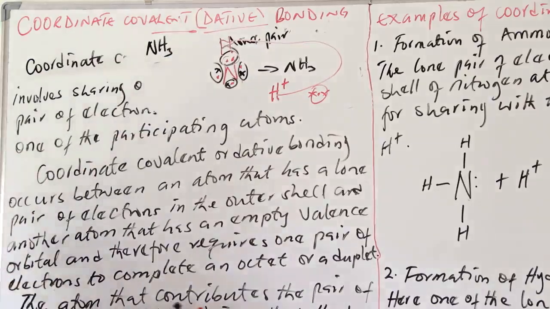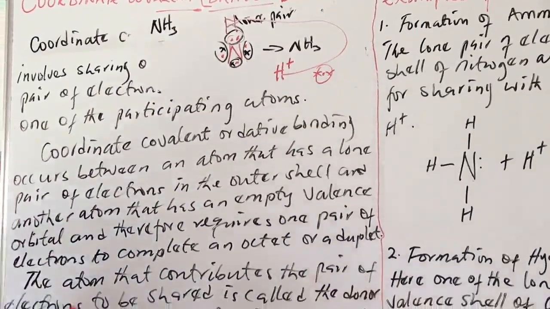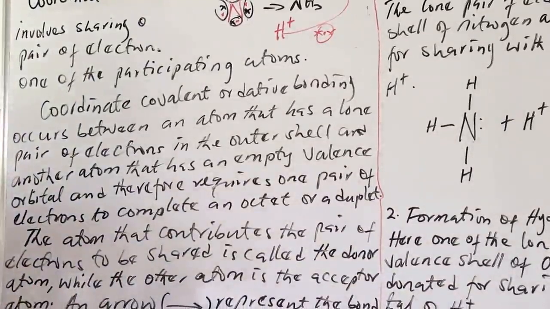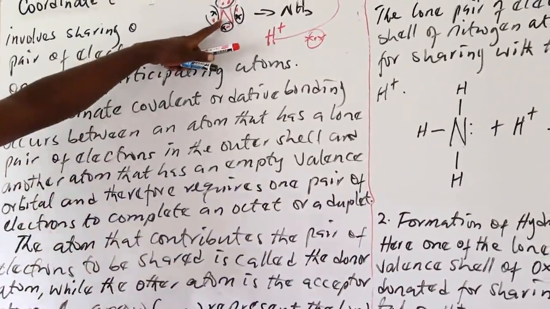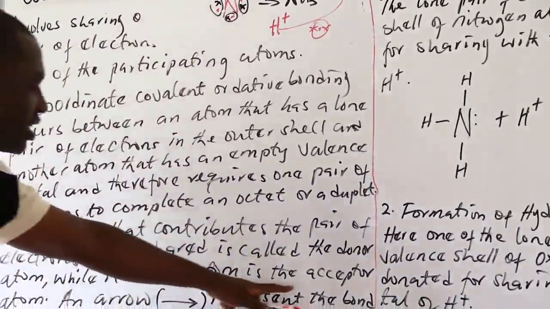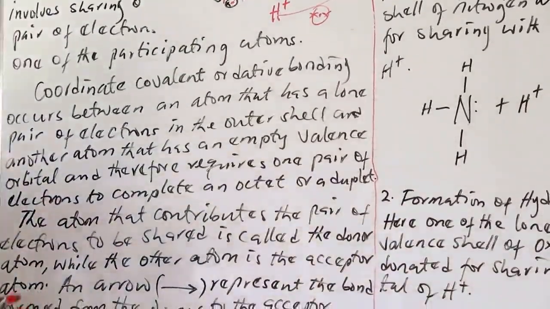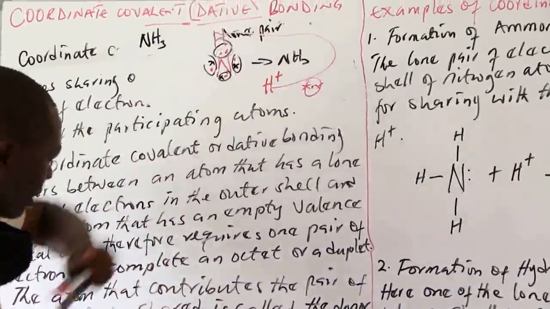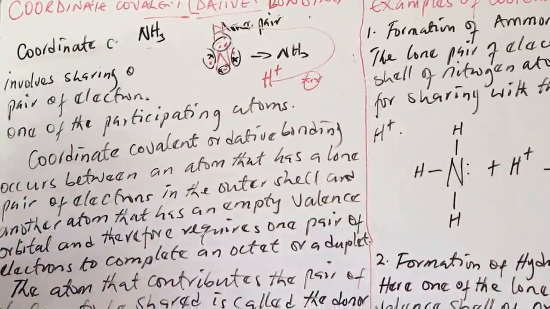The atom that contributes the pair of electrons to be shared is called the donor atom. In this case, nitrogen is our donor atom, while the other atom is the acceptor atom. In this case, the hydrogen ion becomes our acceptor atom.